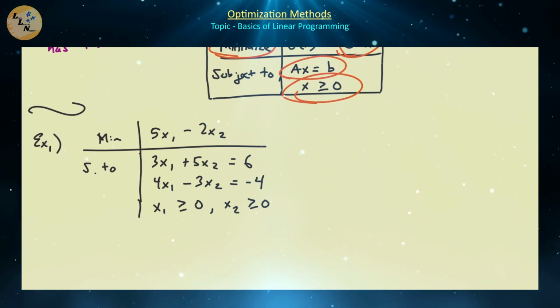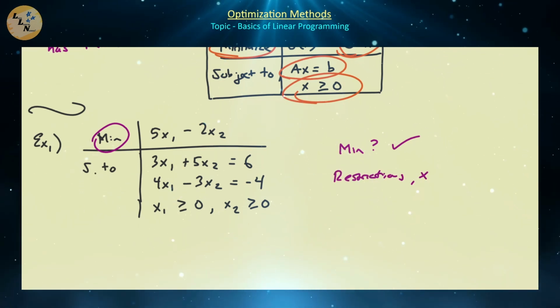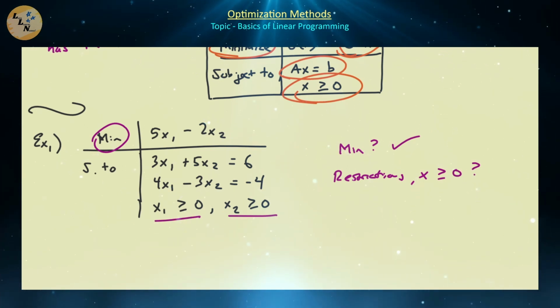So the first thing that we check is, is it a minimization problem? Yes, because we want to minimize 5x1 minus 2x2. Next, for our restrictions, are they all in x is greater than or equal to 0 form? Yes, both x1 and x2 are restricted to non-negative numbers, so that is satisfied.